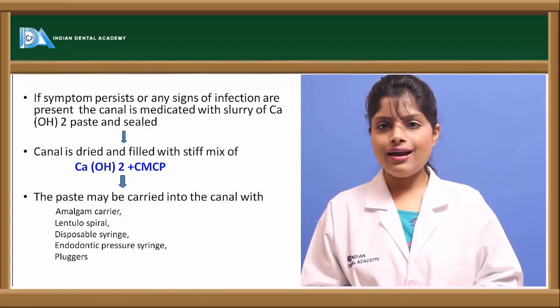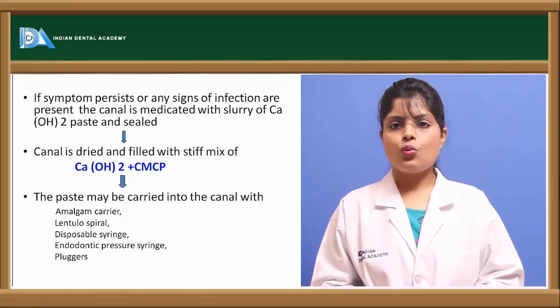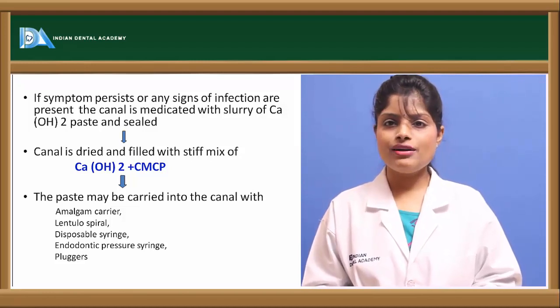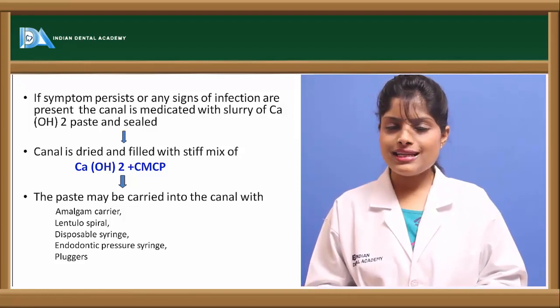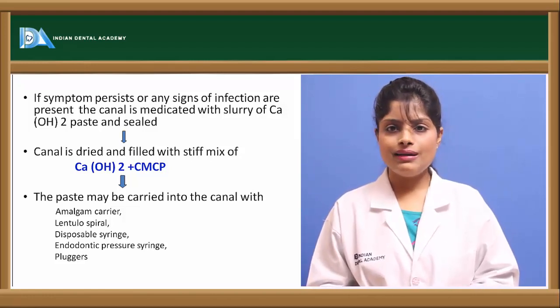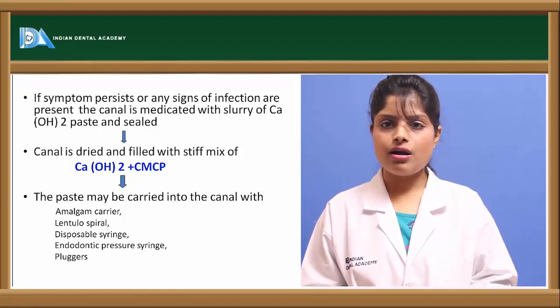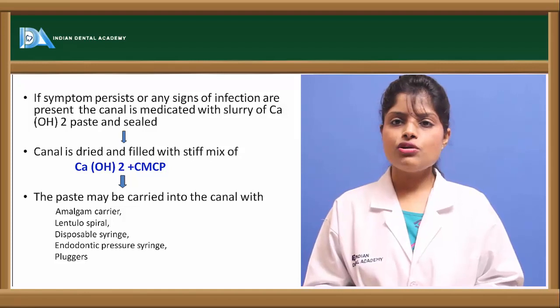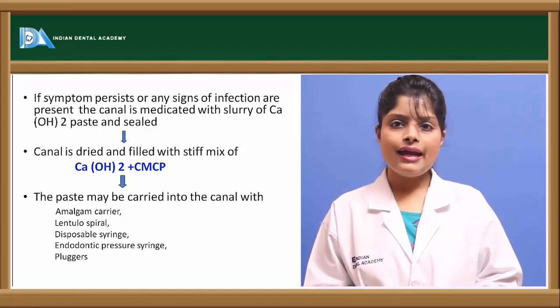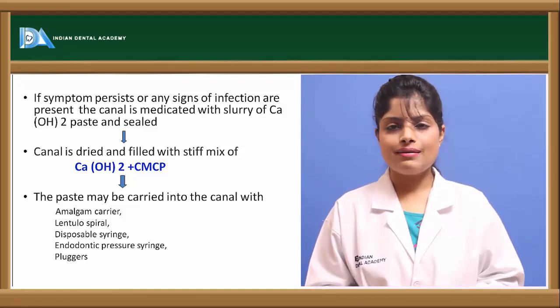Furthermore, the canal is dried and filled with a stiff mix of calcium hydroxide and CMCP paste. The paste can be carried into the canal by means of an amalgam carrier, amalgam plugger, a lentulo spiral, or a disposable syringe. Even endodontic pressure syringes can be used.